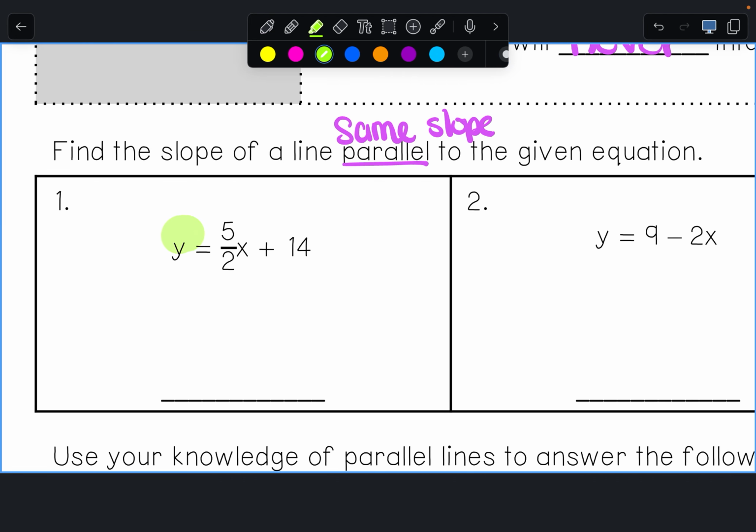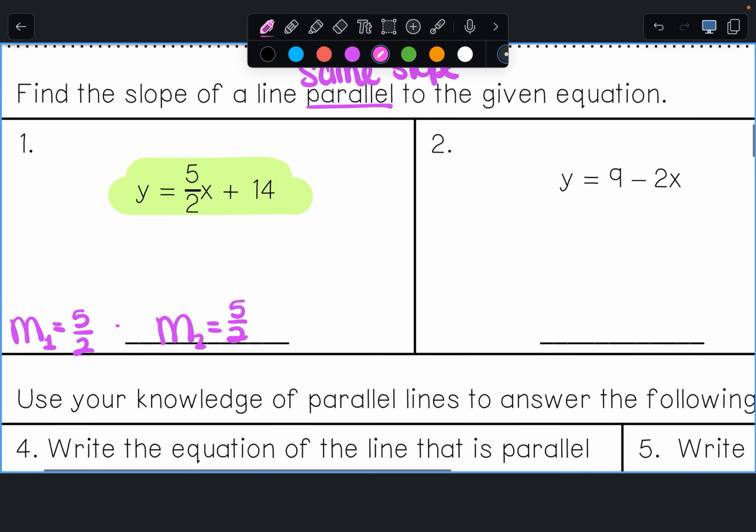So out of this whole equation, I only need one number. What number is that? 5/2. So I'm going to write m1. The little 1 is because that is the slope of the first line, 5/2. Now, if we want one that's parallel to it, what would the slope of the second line be? 5/2, because parallel lines have the same slope.